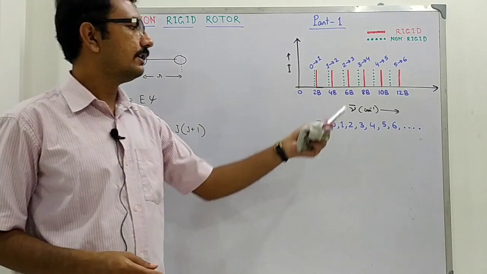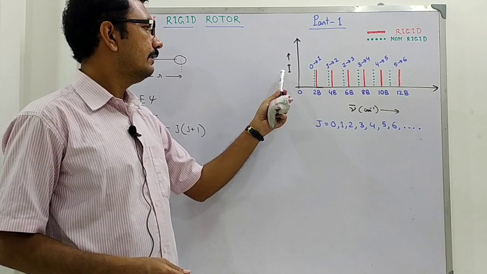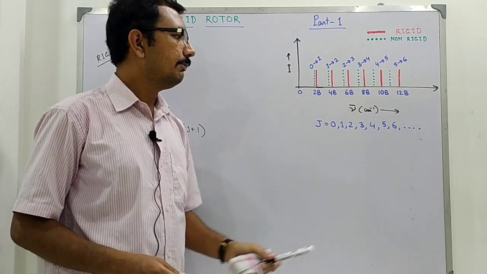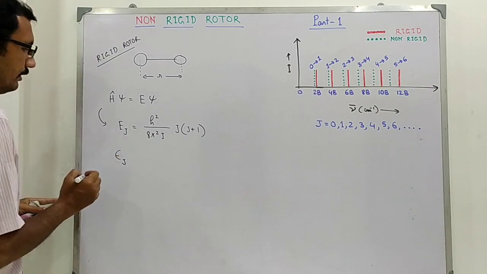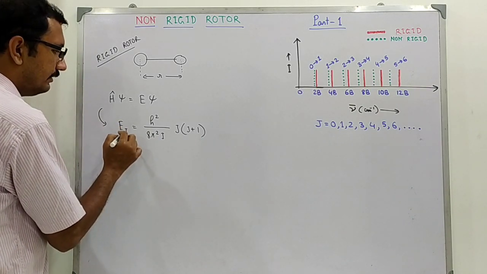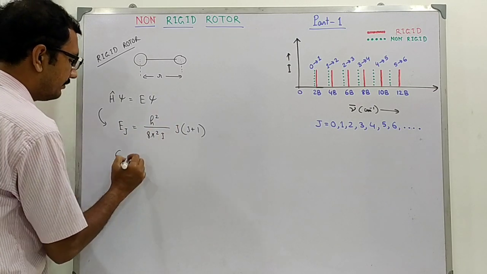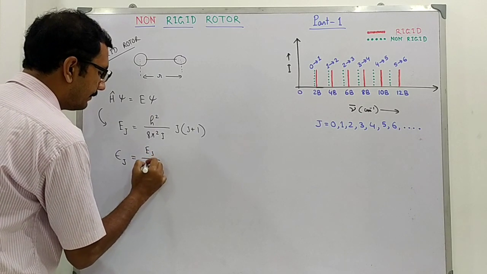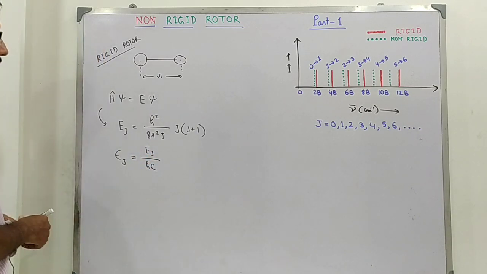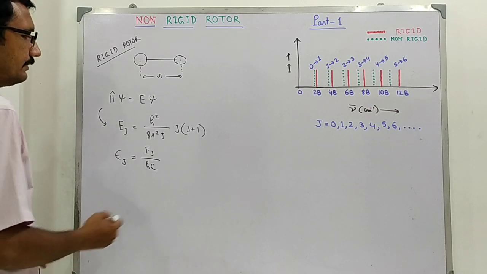So this is the spectral data, and it is plotted as intensity versus the wave number. So we will convert this expression, which is in joule or erg, to centimeter inverse. See, it is very easy.